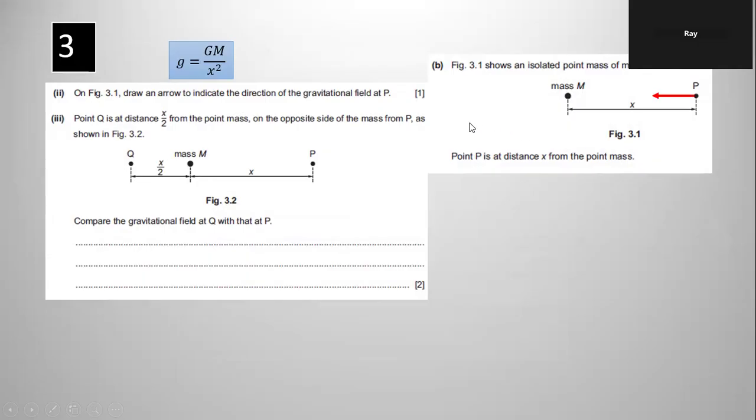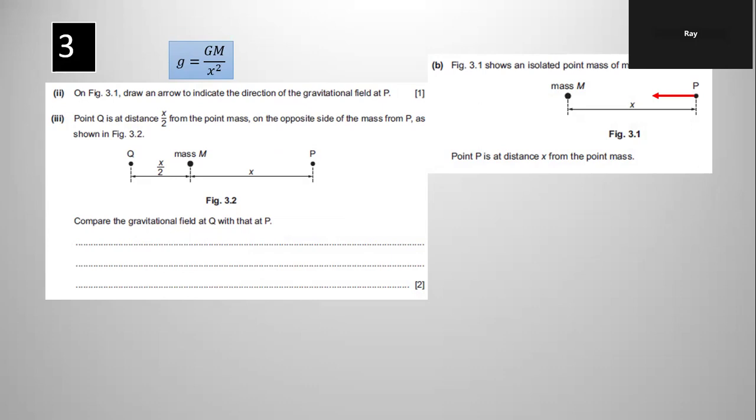Point Q is a distance x over 2 from the point mass M on the opposite side of mass from P as shown in figure 3.2. Compare the gravitational field at Q with that at P. Okay, what's the difference between P and Q? Opposite direction. Okay, opposite direction and 2 points.